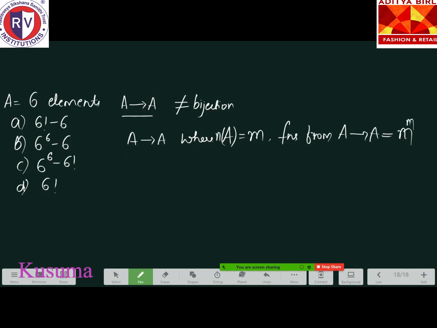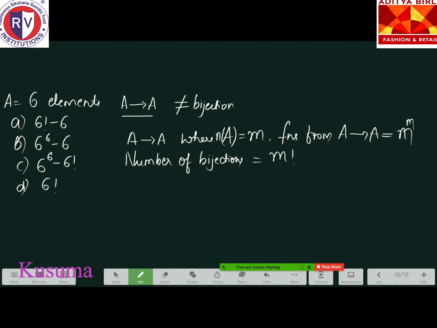And the number of bijections that can be defined from set A to A, where n of A is m, will be m factorial.